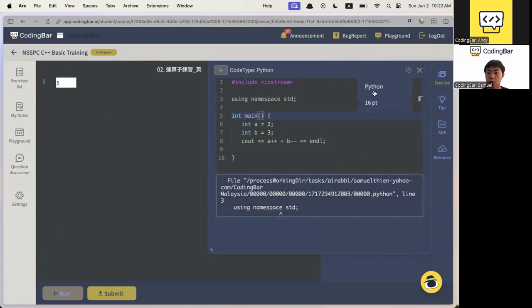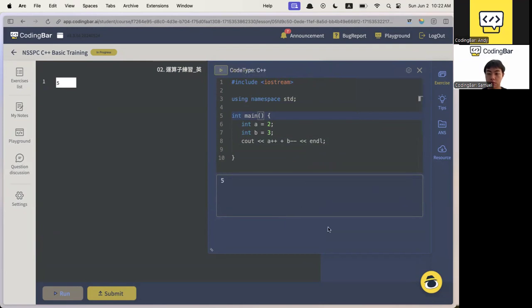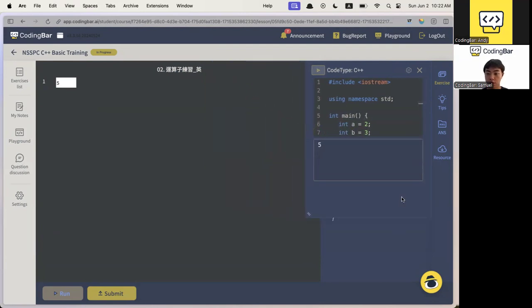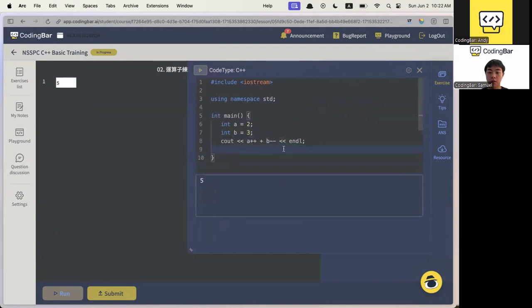Oh, because I'm using Python. So this is 5, right? And A plus plus plus B minus minus. Okay, it's correct.